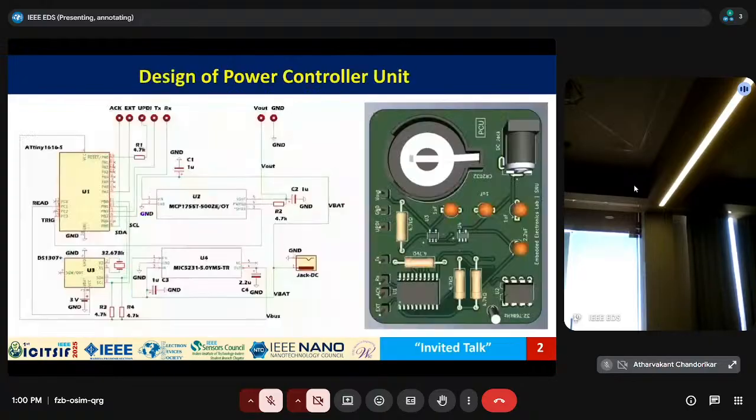If you see my actual design, this microcontroller can run at 1 milliampere of current by cutting the clock supply to the peripherals which we are not using inside the controller. But I cannot do much with this voltage regulator IC, because it will consume 3.5 milliampere of current continuously.